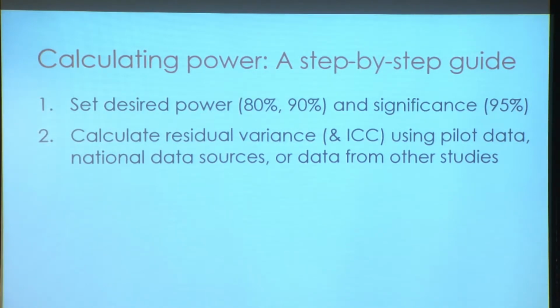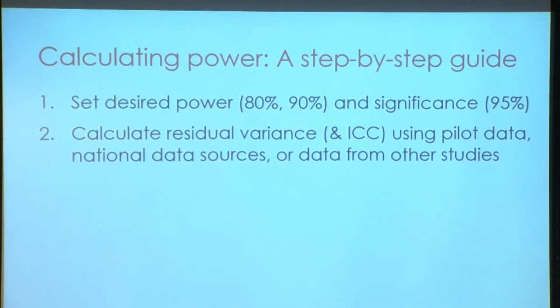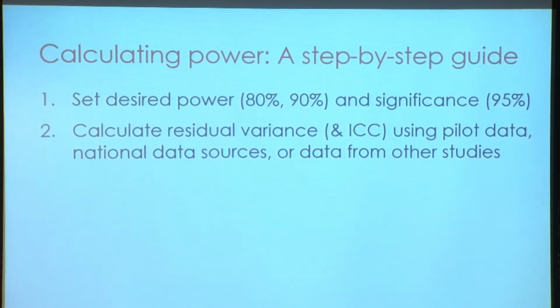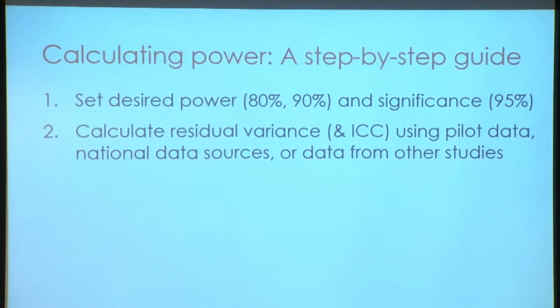Then you need to get hold of some data that is relevant to your population. And that might be from a study somebody else has done. It might be from national statistics. It might be from pilot data. Pilot data is a little bit of a problem because it's a pilot, so it's small. So you may not get very accurate measures of things like intra-cluster correlation and variance.